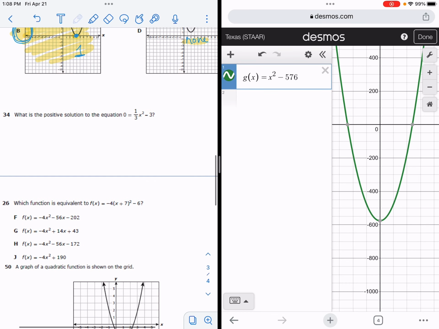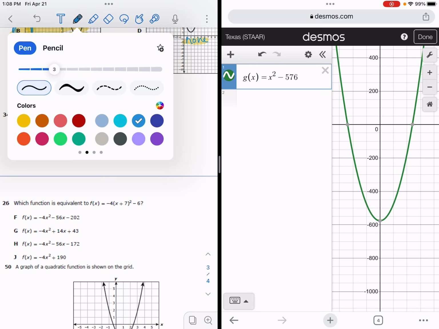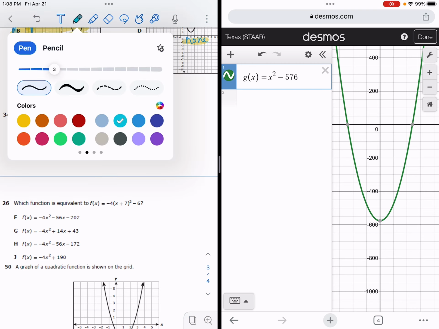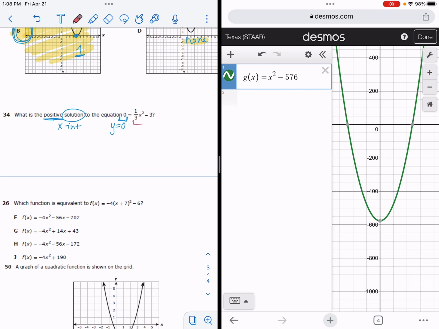Okay, here's that question that says, what is the positive solution? So again, we're looking for x-intercepts. And we can type this into Desmos if we use our y equals 0. I'm going to use red. And then we can type y equals 1/3 x squared minus 3.